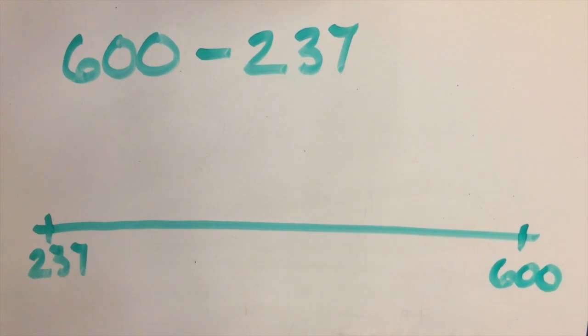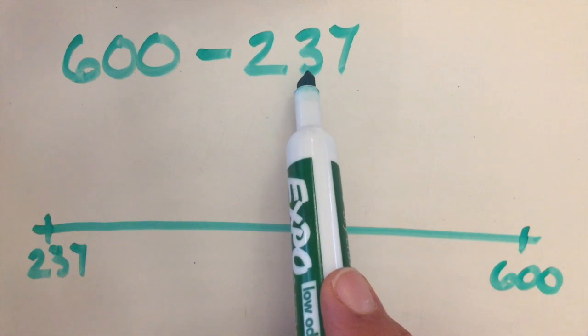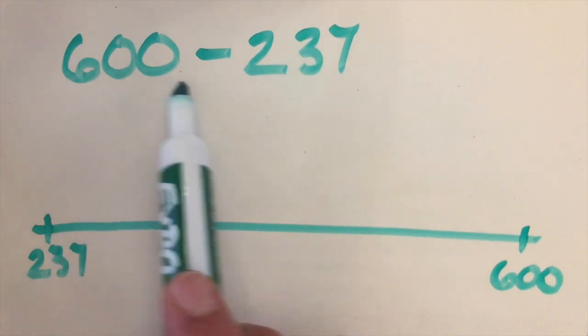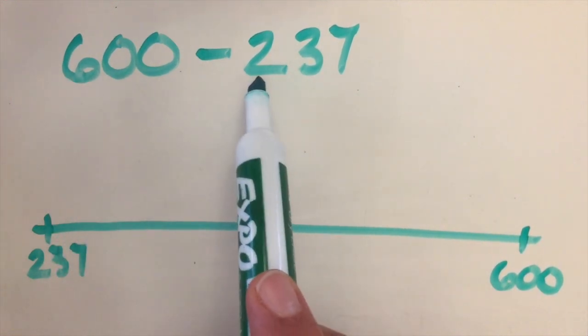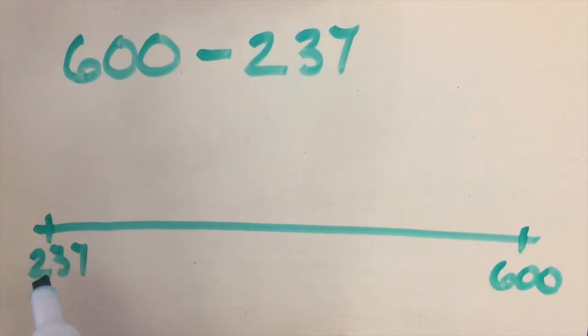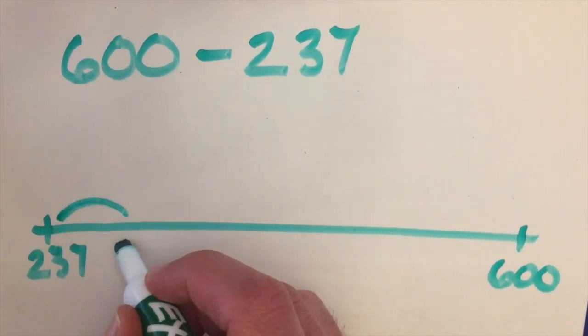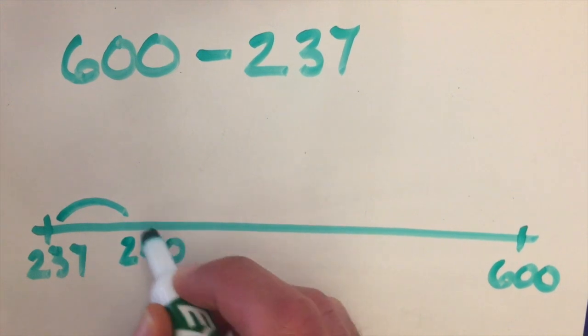Here's another example. Oftentimes we have whole hundreds take away a smaller number. In this case, it's 600 take away 237. Same setup. The small number, the number we're taking away, goes on the left-hand side of the number line, and the big number that we're counting to goes on the right. So 600 goes over here. From 237, I'm going to jump to 240.